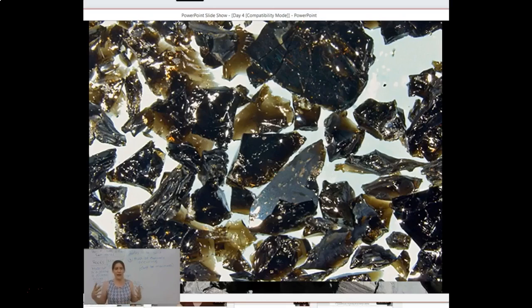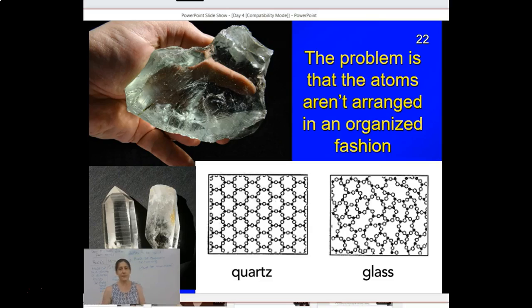So why is glass not a mineral? Well, whether or not it's man-made, that's not the main problem with glass. Because you can have naturally occurring glass, but even this naturally occurring glass is not a mineral. And here's the reason why.